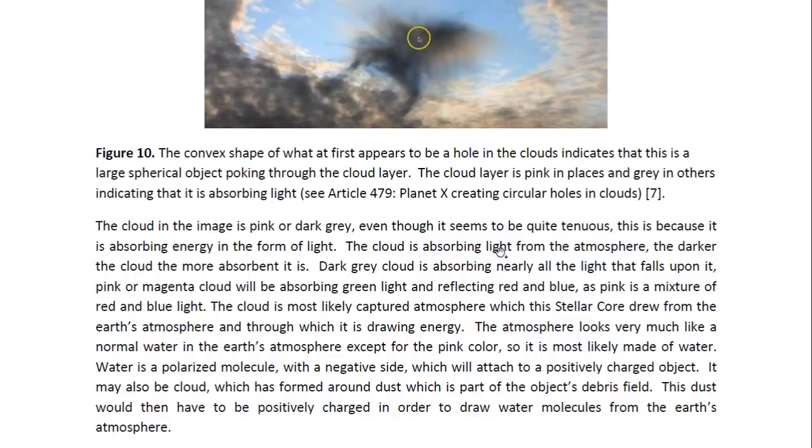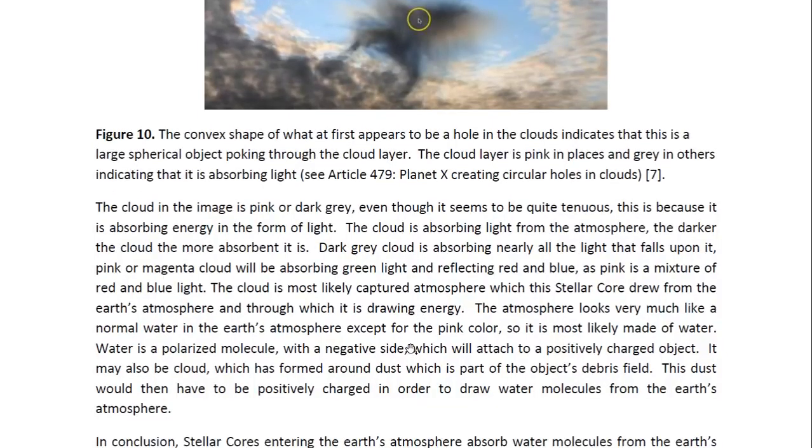And so this cloud is absorbing light, and this is why it's gray. The darker the cloud is, the more absorbent it is, the more light it is absorbing. Dark gray cloud is absorbing nearly all the light that falls upon it. Pink or magenta cloud will be absorbing green light and reflecting red and blue, as pink is a mixture of red and blue light.